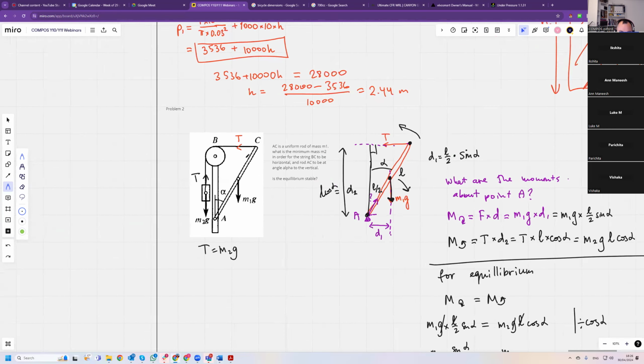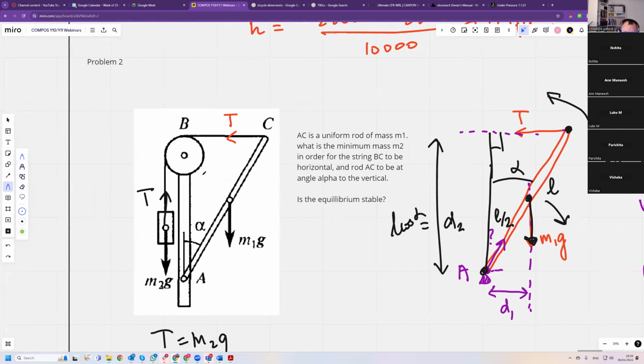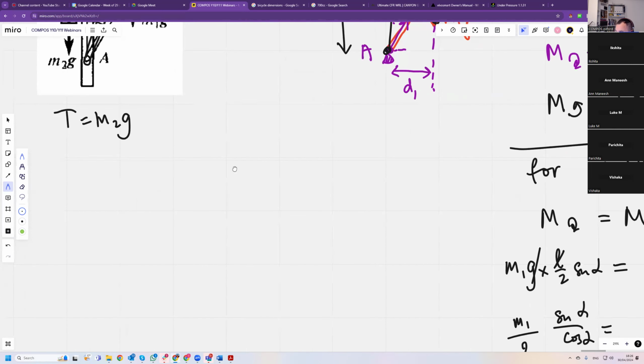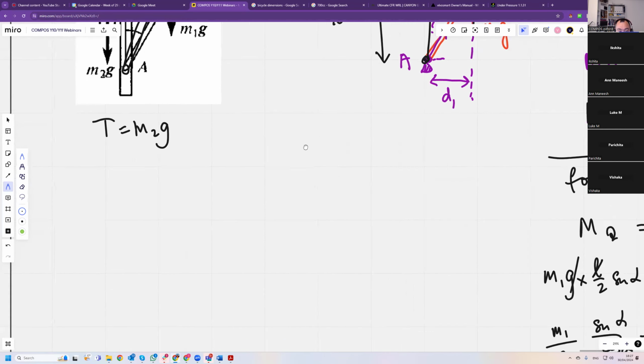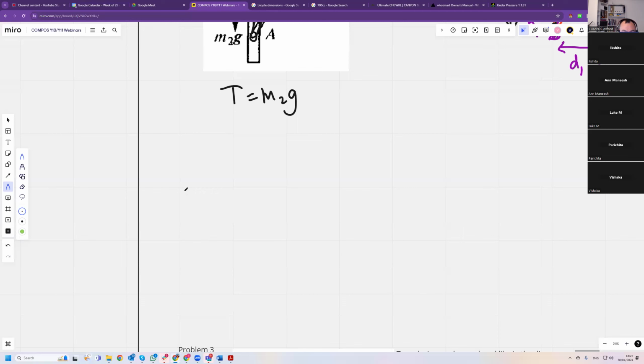Have a think about it. If you push it out of balance, will it return or not? If it returns, it's called stable equilibrium. If it doesn't return, it's called unstable equilibrium, right? Imagine a ball in a bowl is stable, because if you move it sideways, it will return.